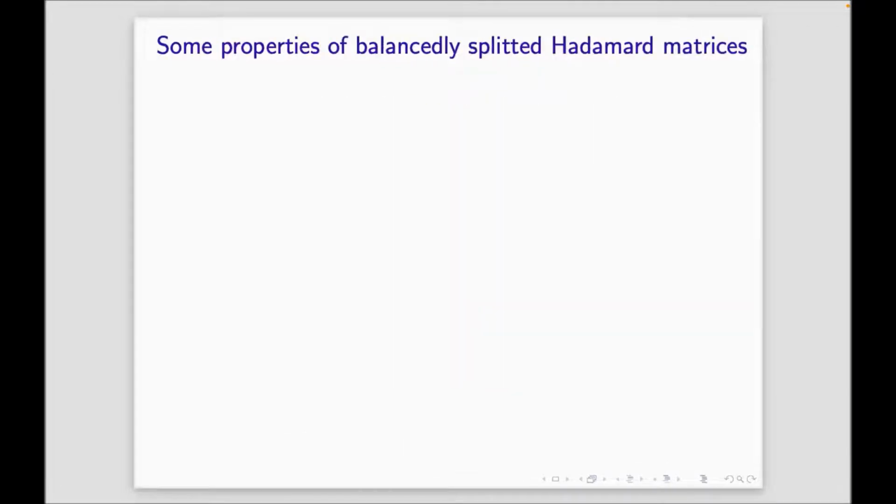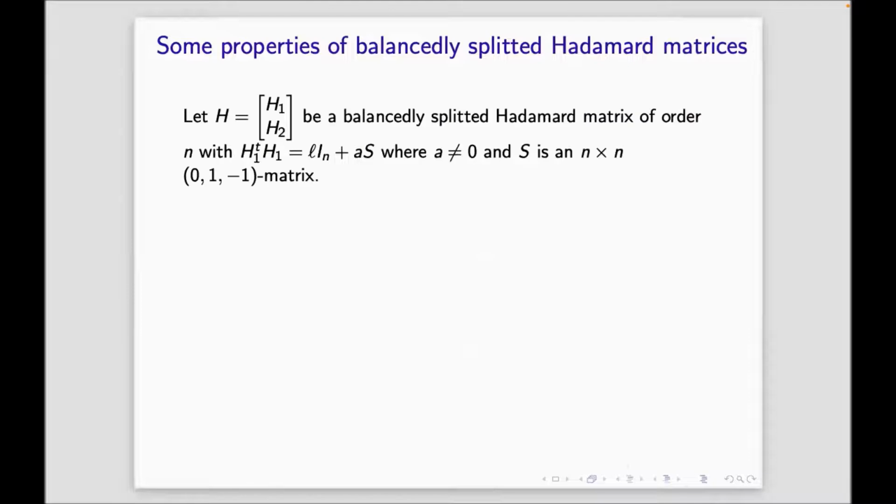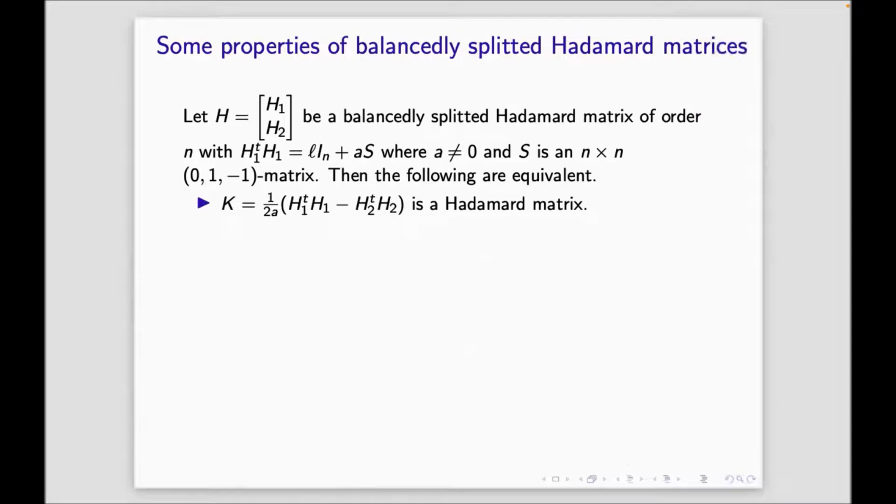Okay, some properties of balancedly split Hadamard matrices. Number 1, suppose that we have this H split like this, H1, H2, with H1 transpose H1 equal to L times (I_N plus A S), where S is an n by n 0, 1, -1 matrix. Then the following are equivalent.